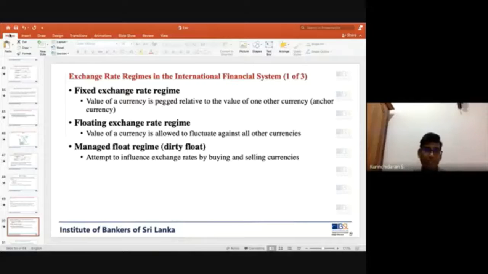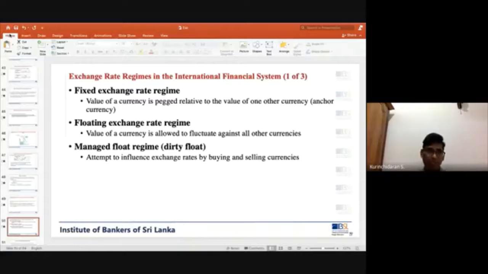Earlier it was a fixed exchange rate regime, and then we moved on to a floating exchange rate, right? Floating exchange rate means the value of the currency is allowed to fluctuate against all other currencies. So it's market determined, it's not pegged. The value of the currency is determined based on the supply and demand of the foreign currency.